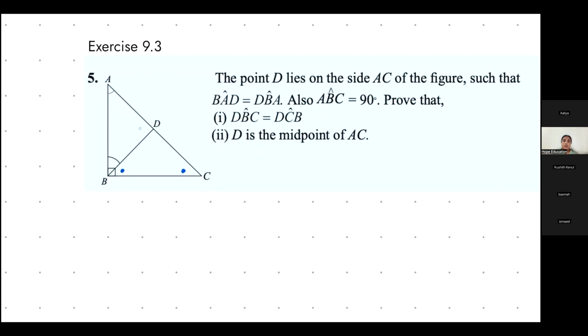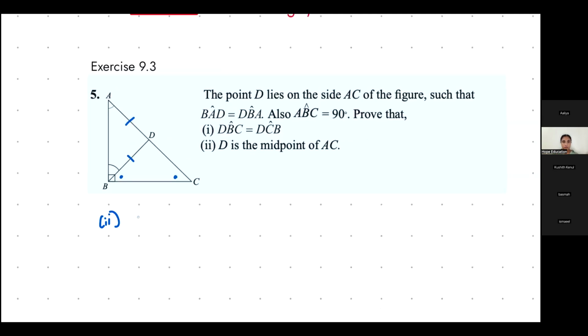First of all, we can see that these two angles are equal. If these two angles are equal, the sides opposite to the two angles should also be equal. Therefore, this side and this side will be equal. That is what we can instantly see. So BAD is equal to DBA, which they have given.